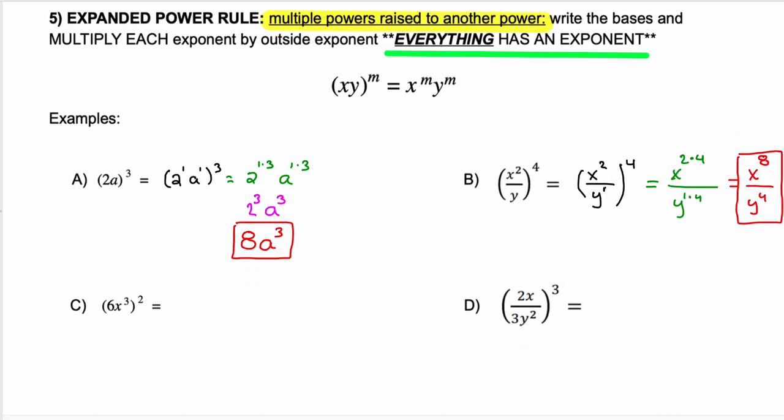On this next problem, we have all of 6x cubed raised to the 2nd power. I'm going to again rewrite this. We have a 6. The exponent of the 6 is a 1. We have an x. The exponent of the x is already a 3, so that one's already good. Close parentheses, and it's raised to the 2nd power.